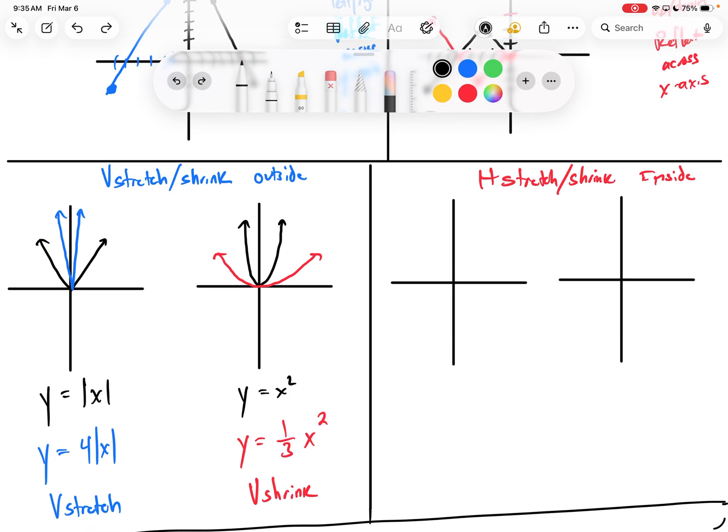All right, so horizontal, inside. Anytime we're on the inside, think opposite. Okay?